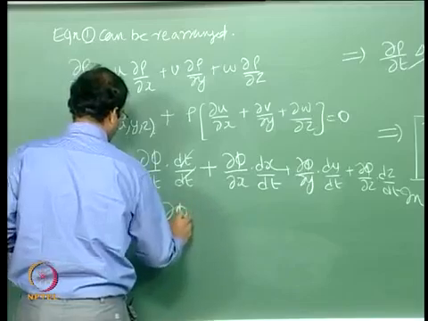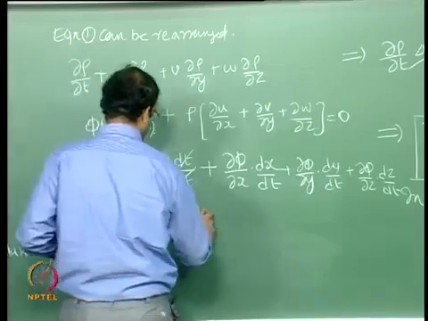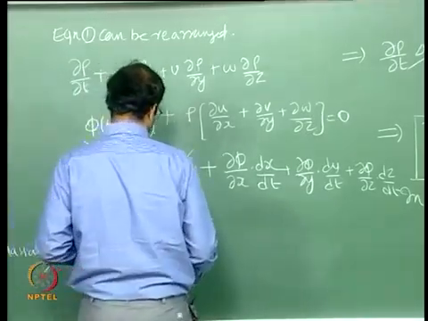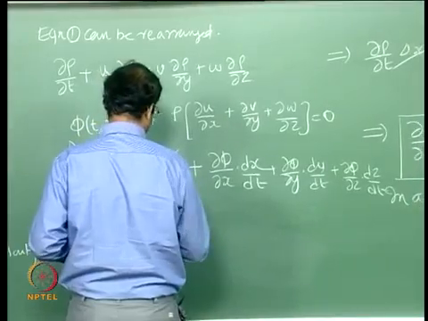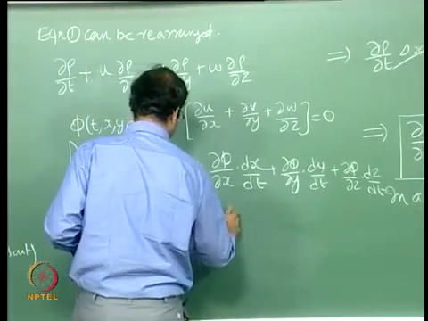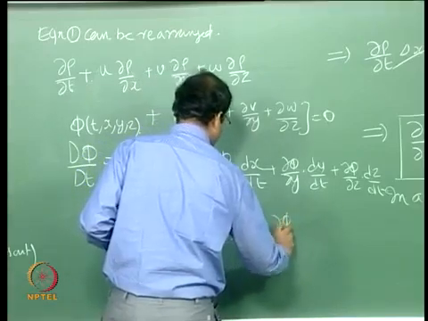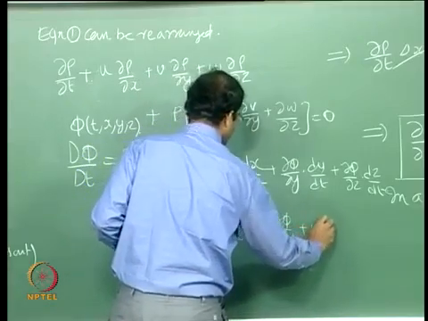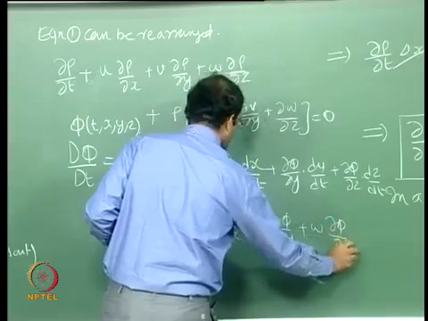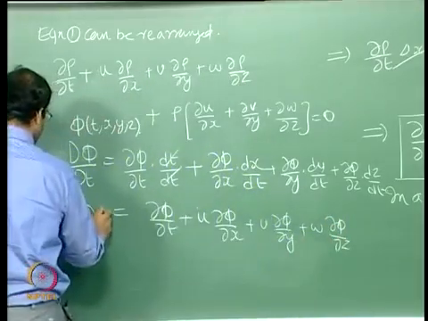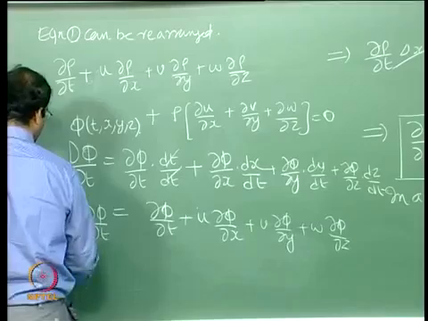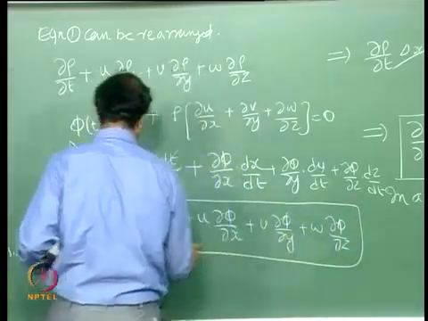So therefore one way to represent the partial derivative of phi with respect to t and, in this particular form, with respect to x, y and z, is to use the notation of a total derivative, so that you can make the notation more compact.